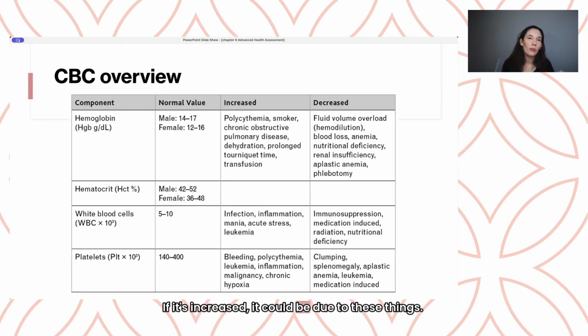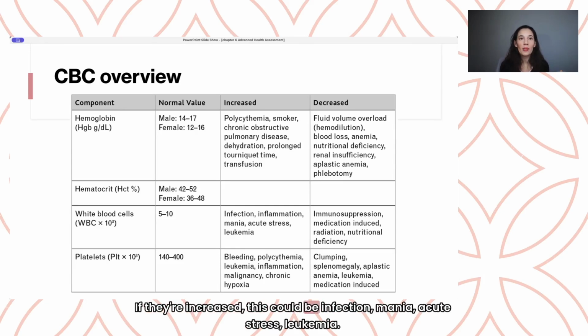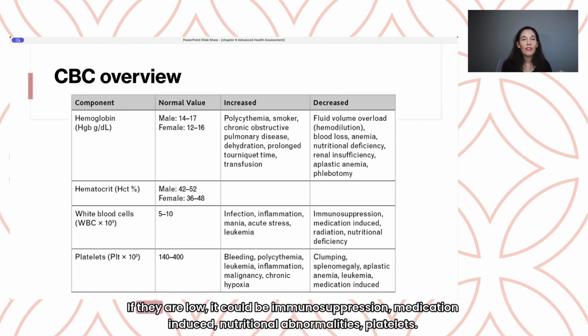If it's increased, it could be due to these things, and if it's decreased, it could be due to these things. Hematocrit, in males, it's 42 to 52, females 36 to 48. White blood cells are typically 5 to 10. If they're increased, this could be infection, mania, acute stress, leukemia. If they are low, it could be immunosuppression, medication-induced, nutritional abnormalities.